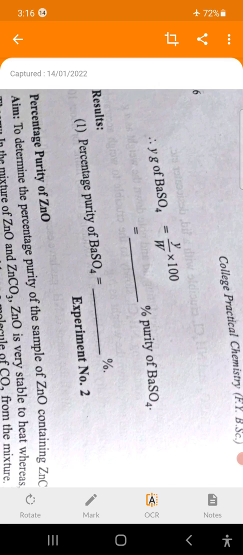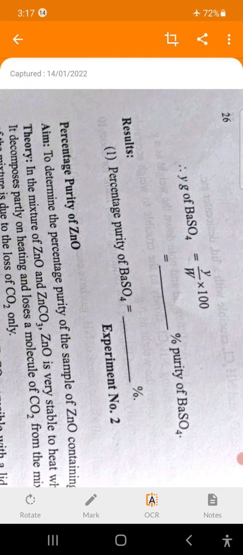The weight of the BaSO4 plus NH4Cl mixture. Multiplied by 100, that gives the percentage purity of BaSO4. Write the result as: percentage purity of BaSO4 is equal to dash dash percent.